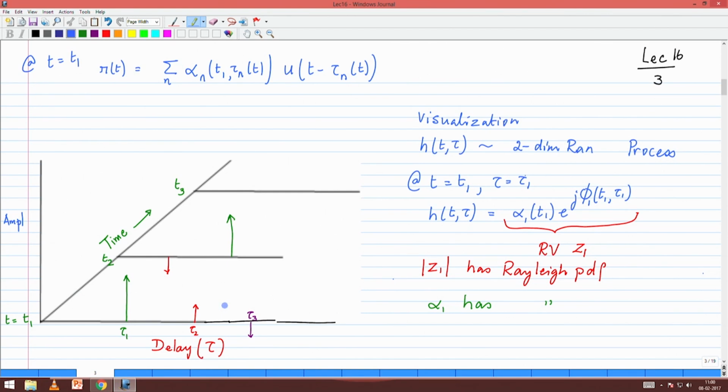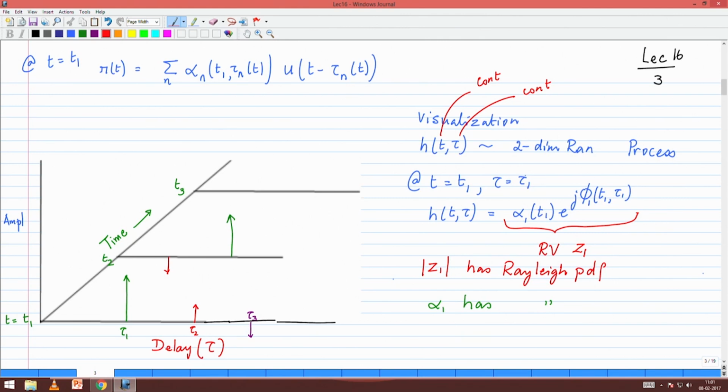Now basically this is a visualization of what is in reality a continuous function. So it is continuous, the multipath profile is continuous in t, it is continuous in tau. Both are continuous. So basically the best way to visualize this channel response is as a 2-dimensional random process.